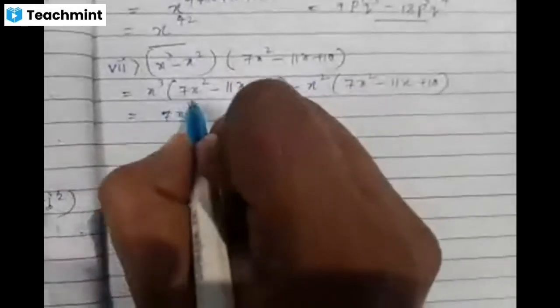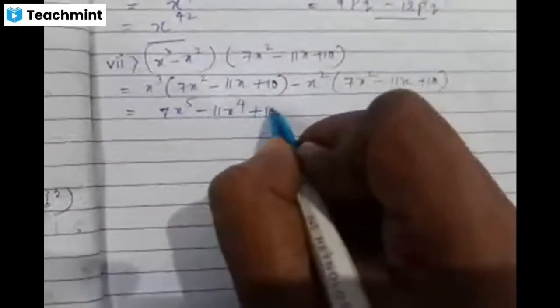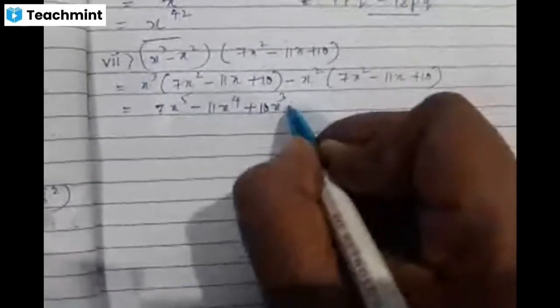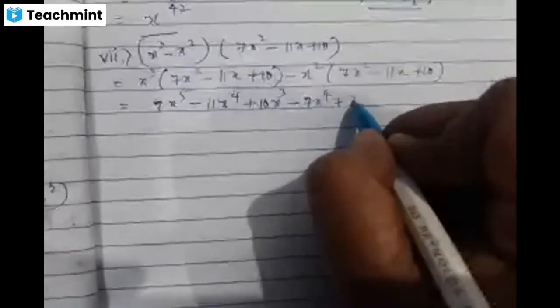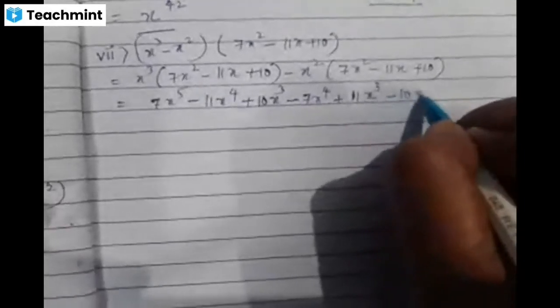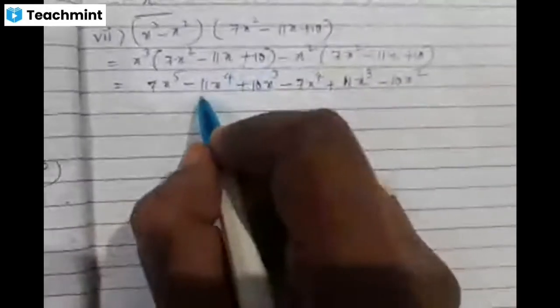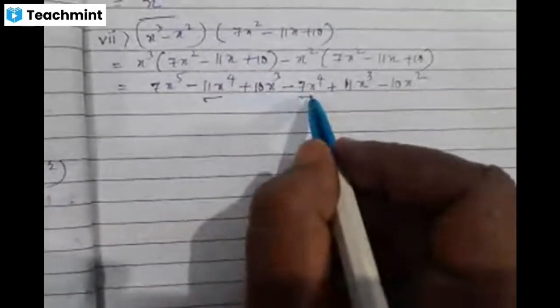Monomial with the trinomial: 7x to the power of 5 minus 11x to the power of 4 plus 10x cube. Here we have minus, so the sign changes, children. Minus 7x to the power of 4 plus 11x to the power of 3 minus 10x to the power of 2. Do we have any common variables or common terms? Let us underline.